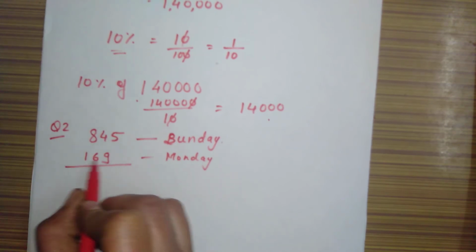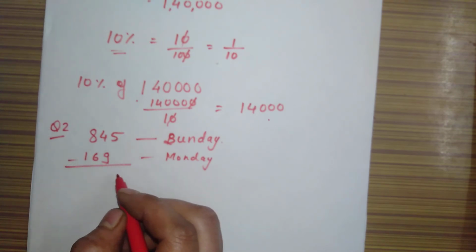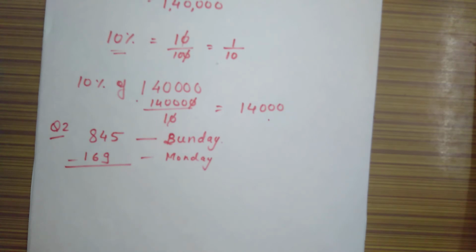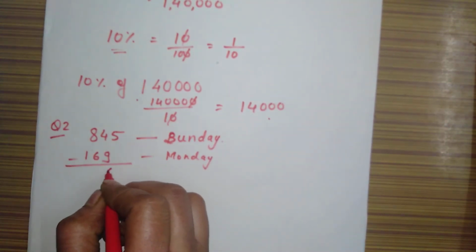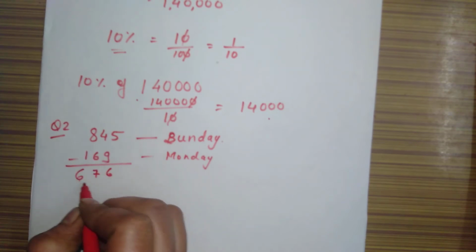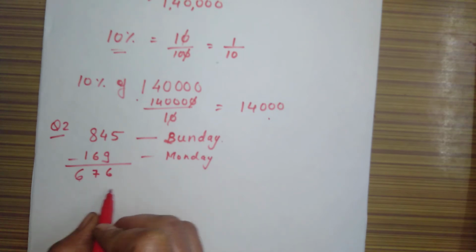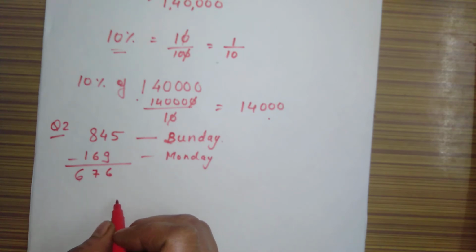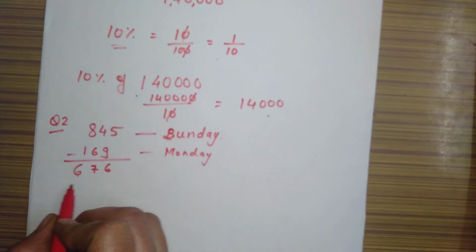So there is a decrease in the number of people who visited the zoo. You can just calculate the difference between these two, which is 676. So there is a difference of 676 people who visited the zoo on Monday. Now you have to find out the percentage decrease.